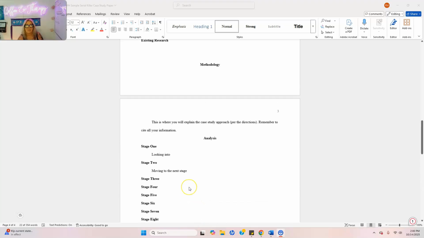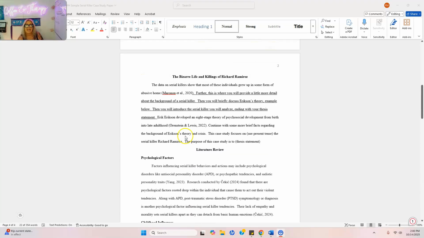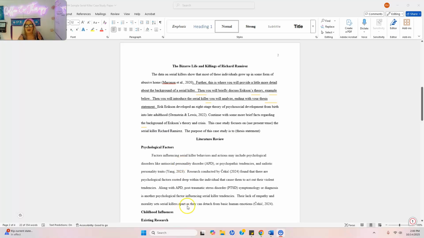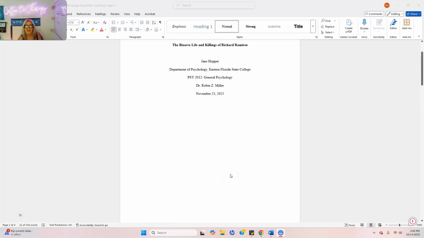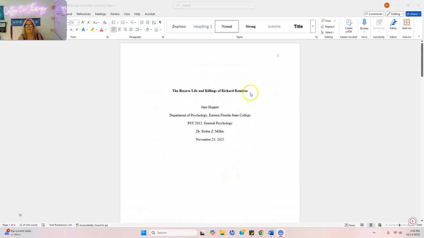There's no extra spacing. What I'm finding is some people are having extra spacing in between paragraphs. We don't want that. So make sure before you turn it in, everything is double spaced all the way through. The only thing that has extra spacing is between your title and your name.